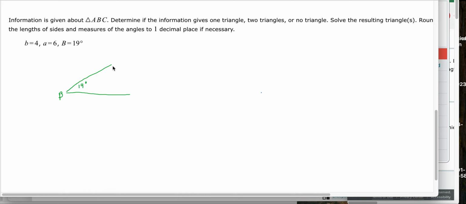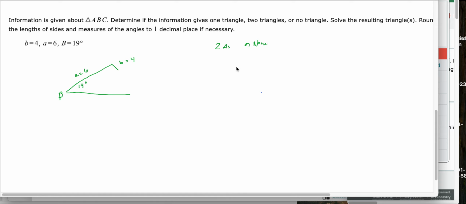So the side opposite is going to be side B. I'm just going to draw it little for now. And then that other given side, in this case we're calling it A, is 6. Again, note that B, the side opposite the given angle, is smaller than this side A. So again, I have either two triangles or none.